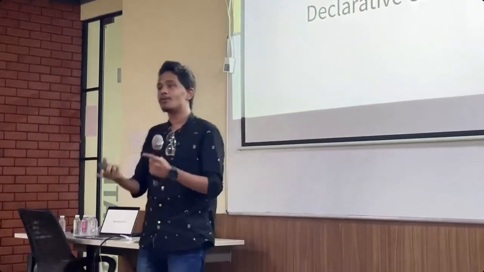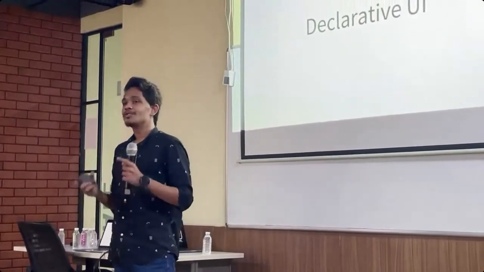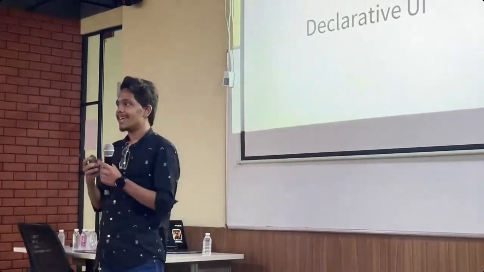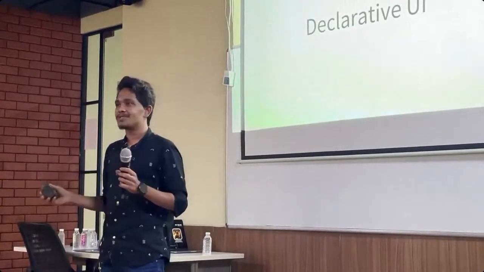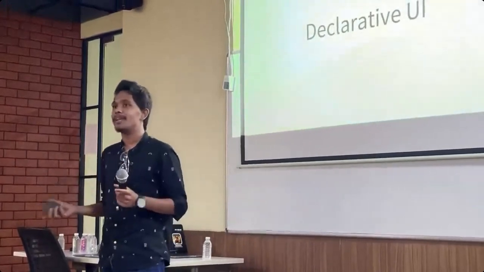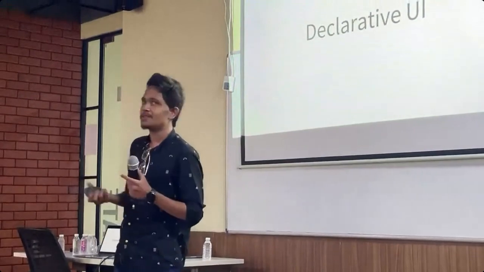We are declaring it. That's the reason declarative UI is very popular and is the future. Even Apple is promoting it, and not just Apple, every major company is right now promoting declarative UI.